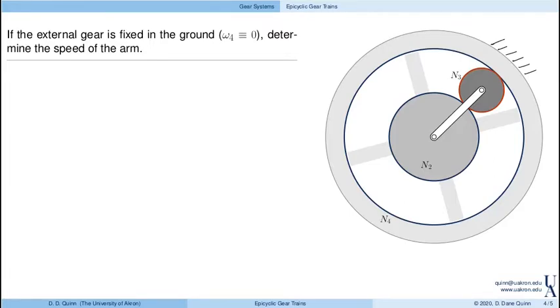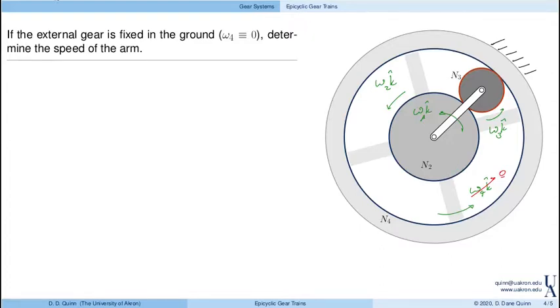And recall that we define these speeds as omega 2, omega 3, and of course here omega 4, which is equal to 0 because it's grounded. Finally, the arm angular velocity is given as omega A. So for this system, let's determine the speed of the arm.